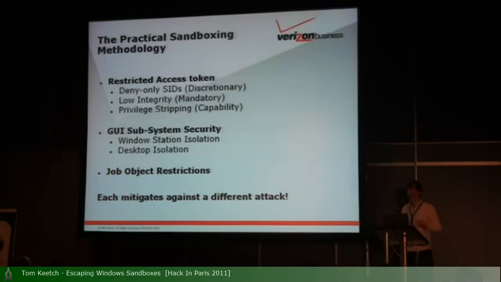So we have to implement Windows station isolation and desktop isolation, and unfortunately I don't have time to go too much into detail about those. And lastly, we can use job object restrictions. Job objects are used to manage groups of processes as a single unit, and there are actually additional restrictions that can be applied through job objects that are a necessary part of practical sandboxing.